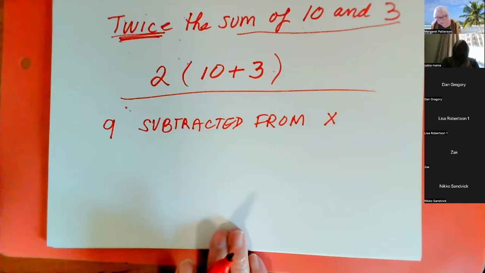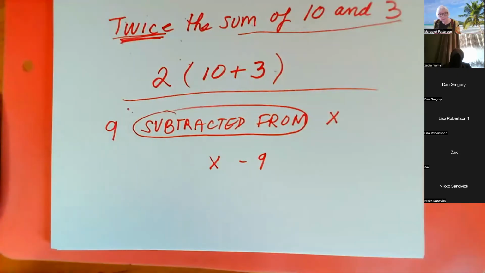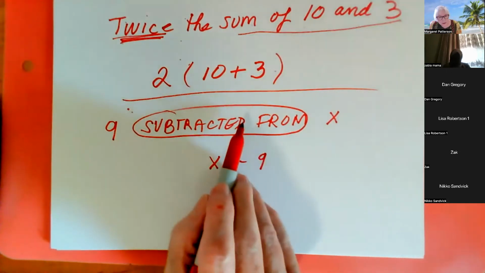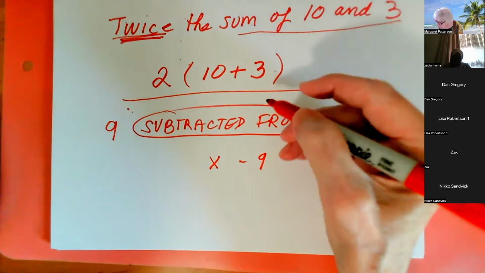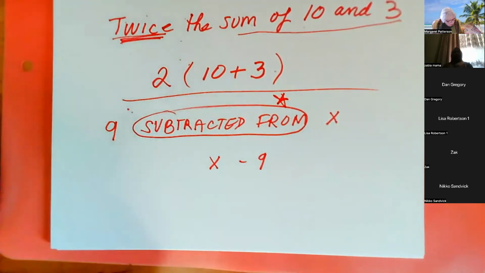The X comes first and the 9 comes second. I'm going to have to reboot this. So subtracted from, that was the exception where the order switched.